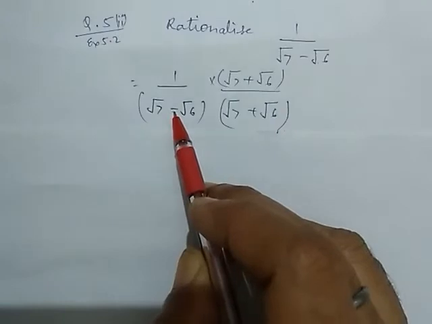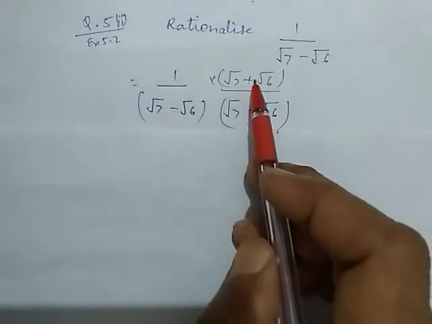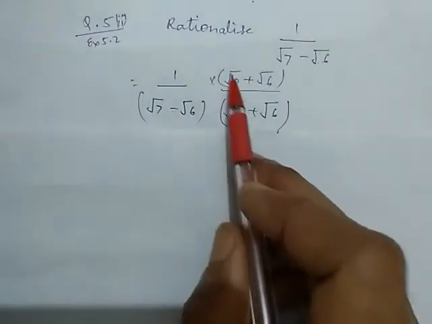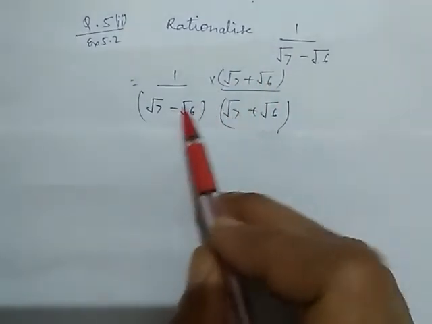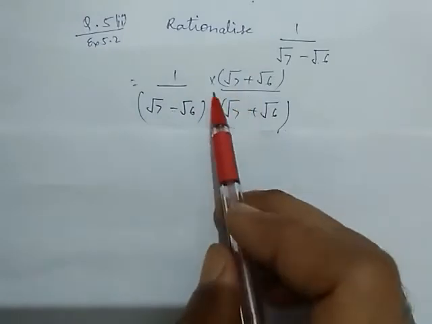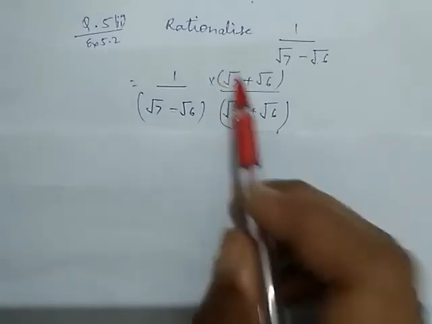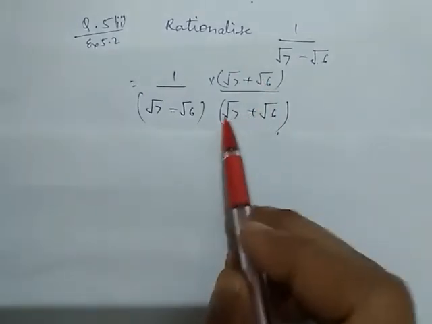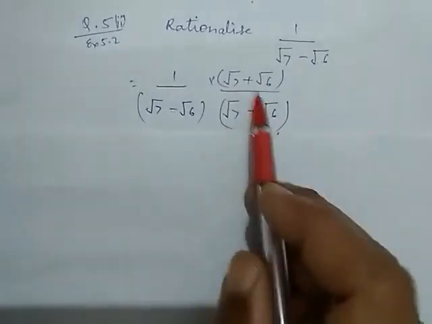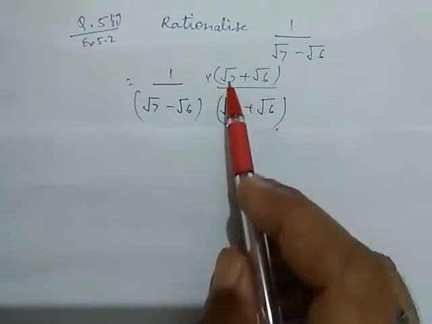If here positive, then we multiply by negative. Here negative, so we multiply by the positive sign term. So to rationalize this, we have to multiply numerator and denominator both by root 7 plus root 6. Okay, this way we rationalize this.